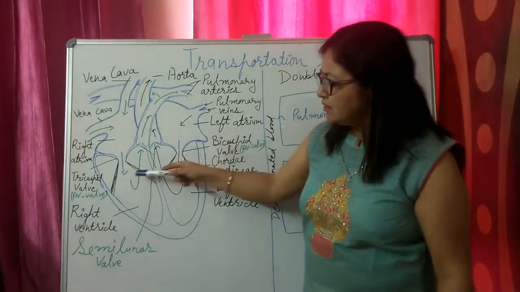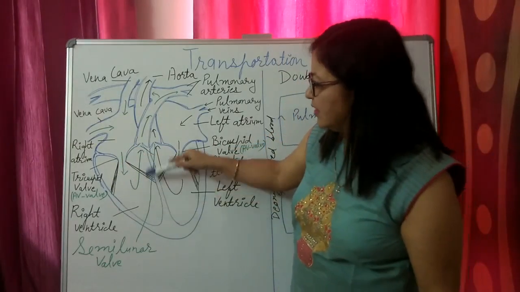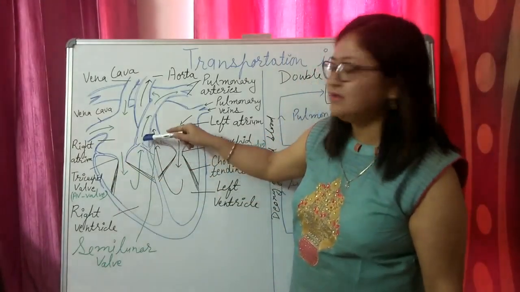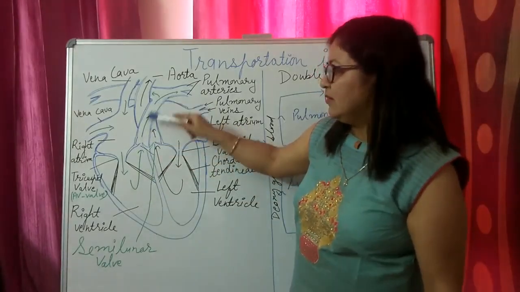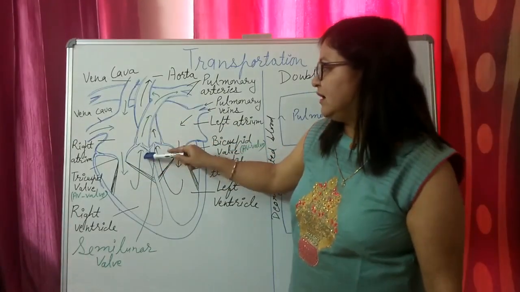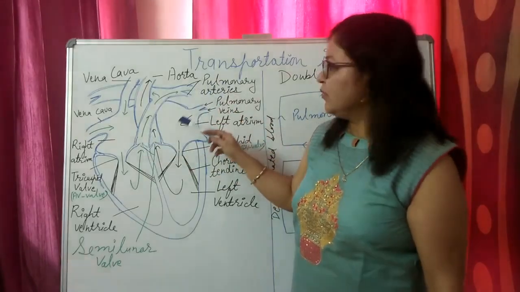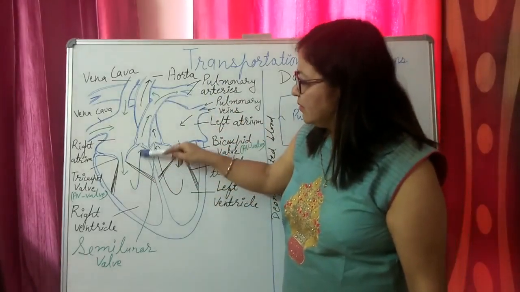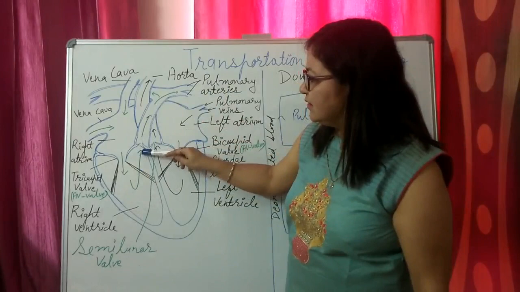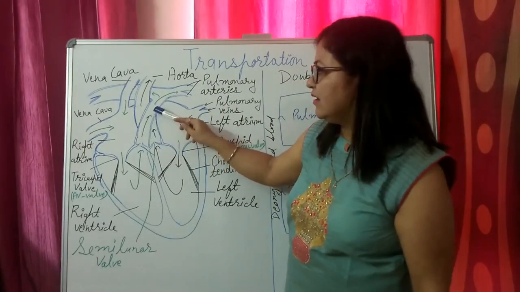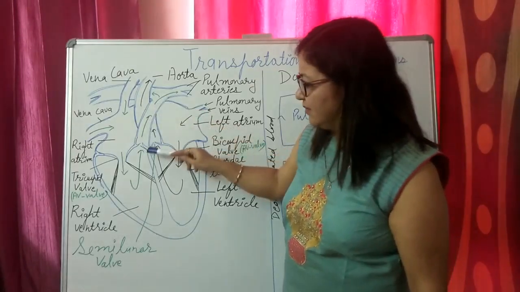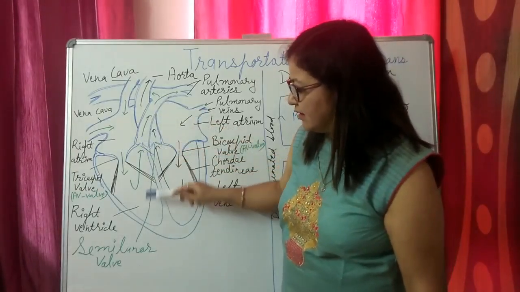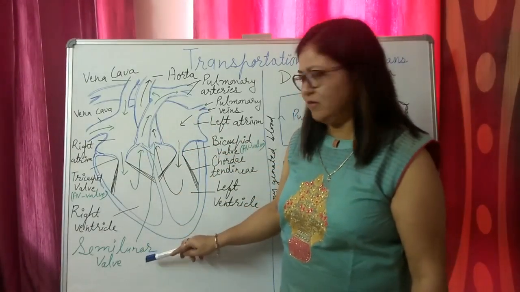The right ventricle will pump the blood into the pulmonary arch, because this is deoxygenated blood and needs to be purified. It brings the blood towards the lungs for purification, and this opening again is guarded by a semilunar valve.